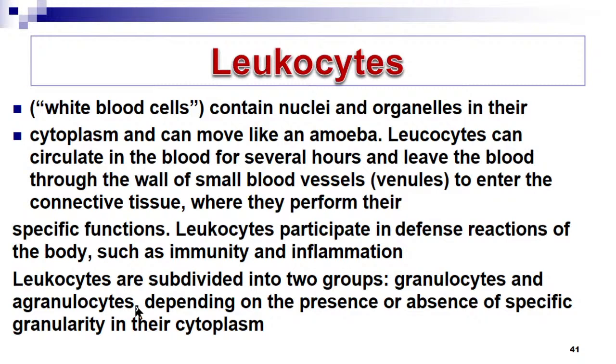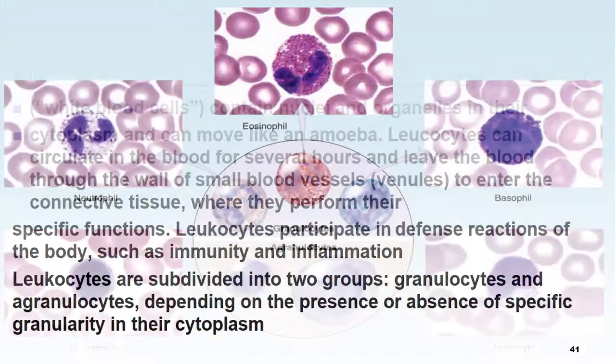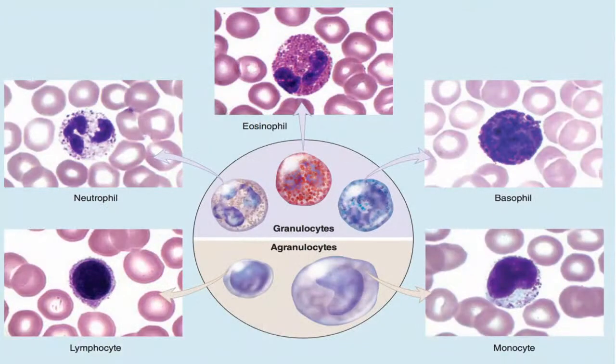Leukocytes are subdivided into two groups, granulocytes and agranulocytes, depending on the presence or absence of specific granules in their cytoplasm. Look at this picture. It's very clearly visible that the granulocytes can be classified into neutrophil, eosinophil and basophil, according to the affinity of granules for basic, acidic or both stains.